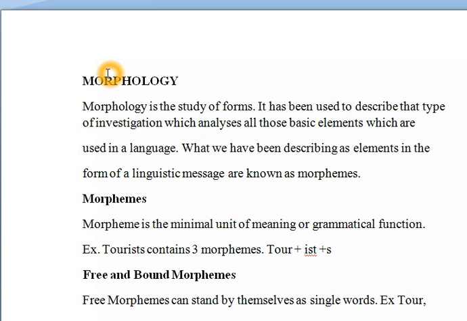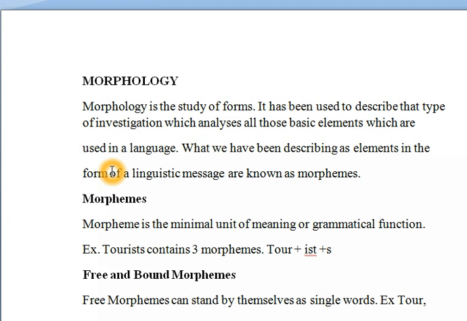Morphology is the study of forms. It has been used to describe that type of investigation which analyzes all those basic elements which are used in language. So we are not going to study words as a whole, we'll try to study bits of words, how those words are composed.